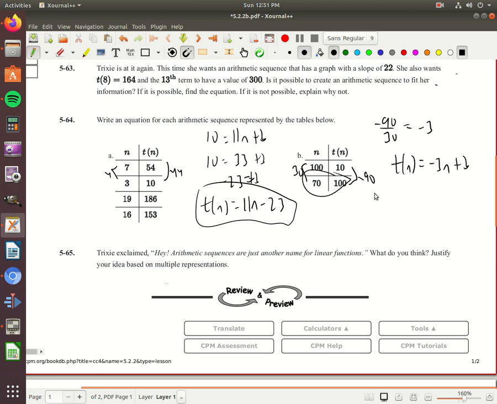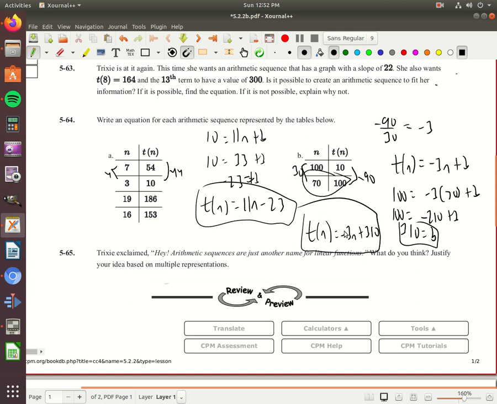Well, we'll say 100 equals negative 3 times 70 plus b. 100 equals negative 210 plus b, so I get 310 equals b. So my equation on this one should be t of n equals negative 3n plus 310. And now, if I plug in 100, I get negative 300 plus 310 is 10, so that works. If I plug in 70, I get negative 210 plus 310 is 100, and that works.